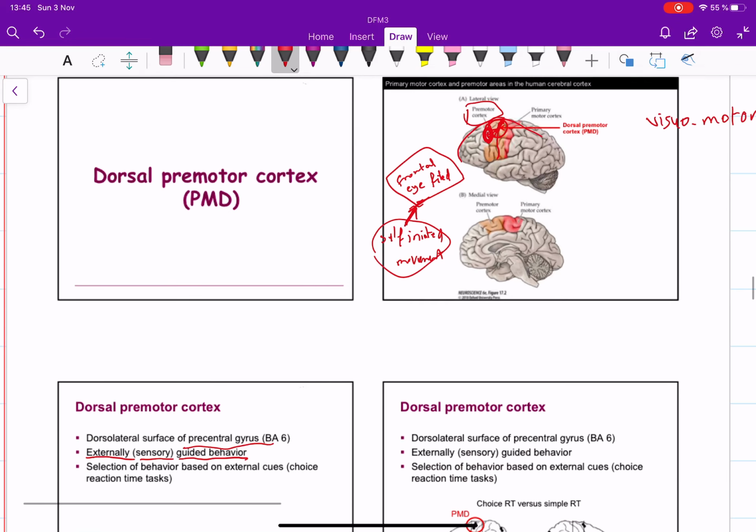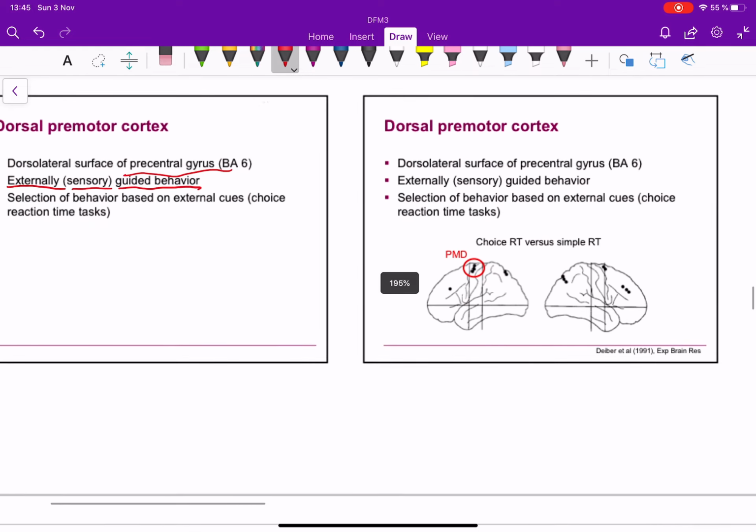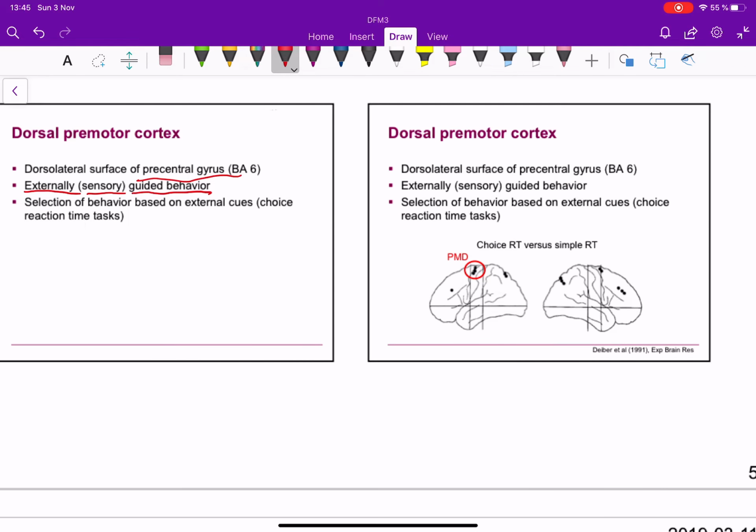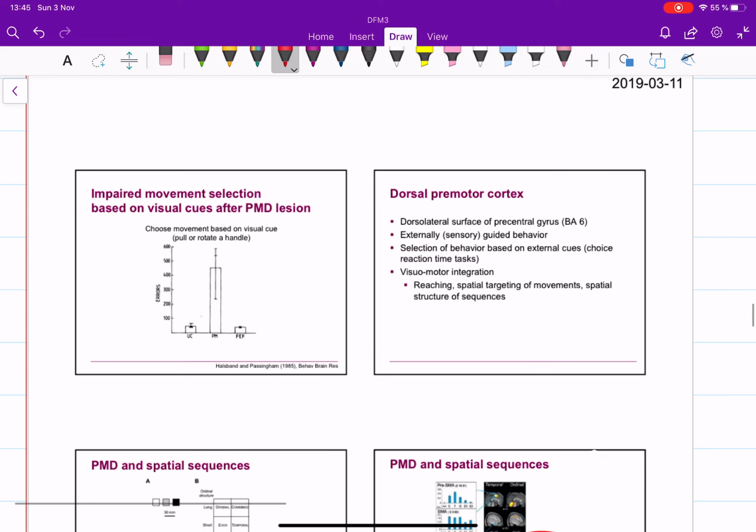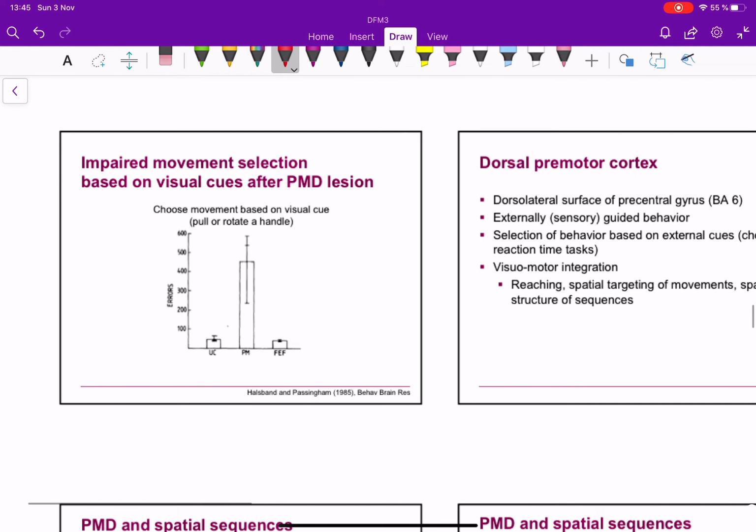So we said the dorsal premotor cortex is responsible for a selection of externally guided behavior, a reaction for example, to choose a movement based on a visual cue.